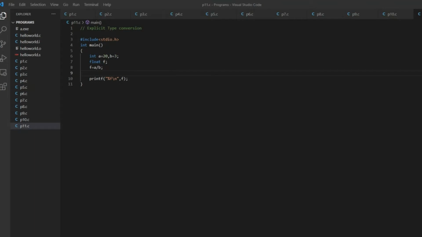But we are trying to print the float value, so why does it not print the float value? It is printing the float value only. See what happened in this particular line: f is equal to a divided by b.